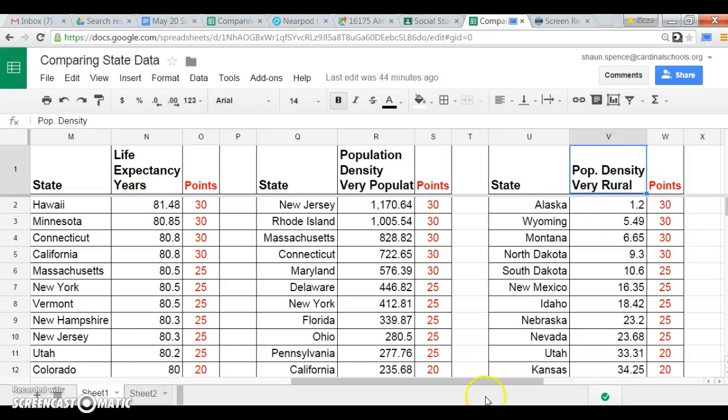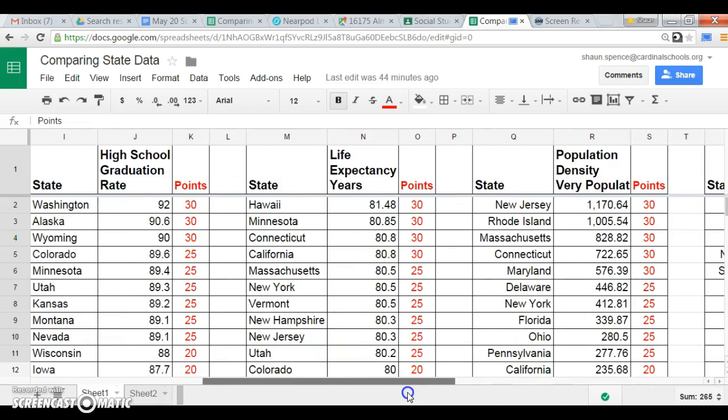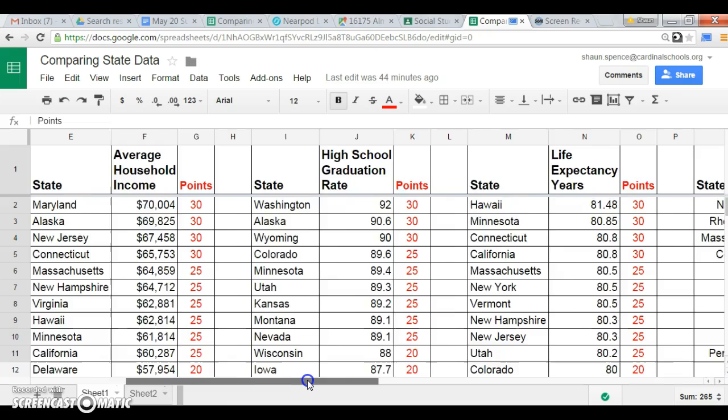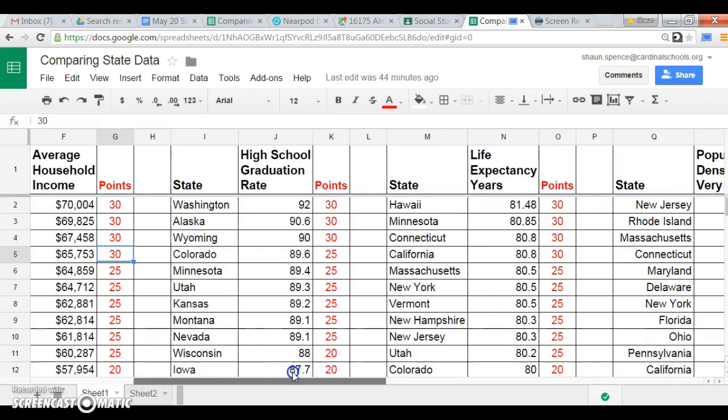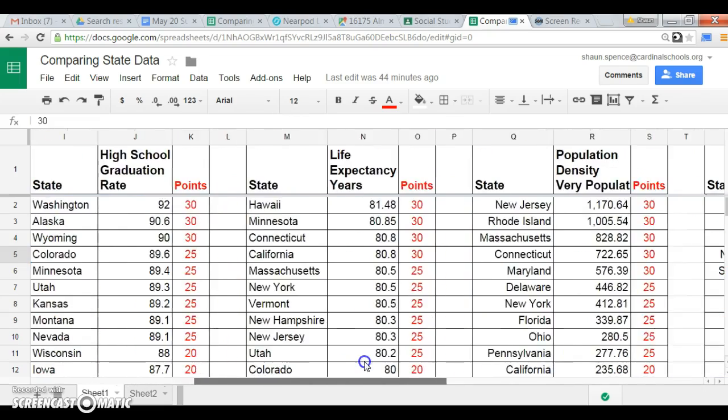Notice that for each of these 6 categories, there's a place for points. We'll get to the points later, but all of these states are arranged in order from highest to lowest. So the higher they are, the more points they get. The first thing that you're going to do is pick out 4 of these categories.